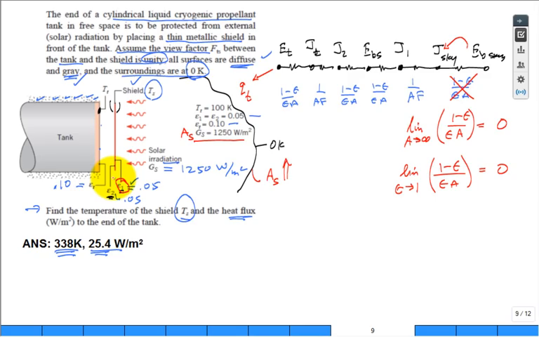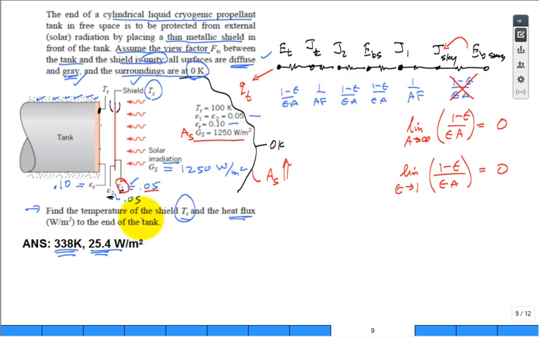Okay. Can you just tell me how many of the 1250 is absorbed into the shield? Wouldn't it be 5%? It would be 5% of the 1250.